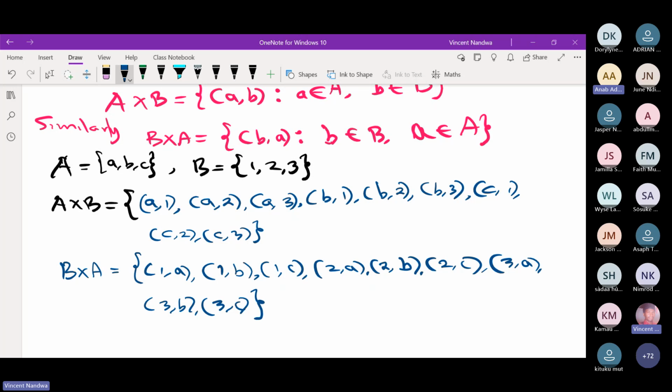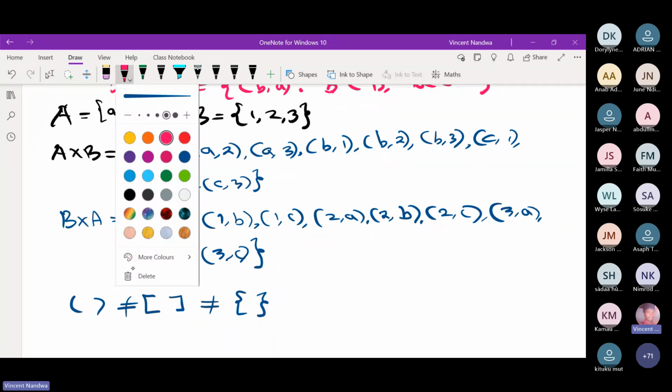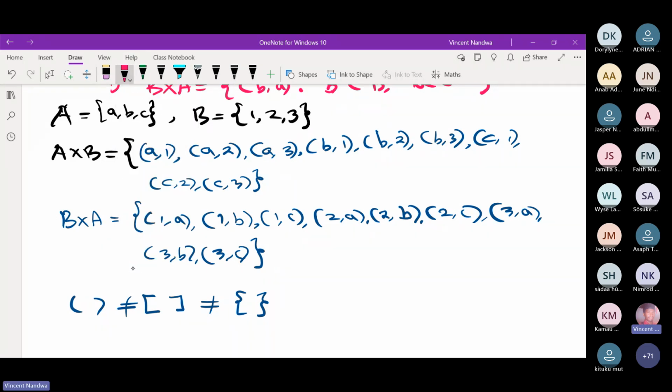And please, you remember when we were discussing sets, be careful on what you're writing. These curved brackets don't mean the same as square brackets, or the same as curly brackets. When we are writing the pairs of elements in the Cartesian product, we use these curved brackets.